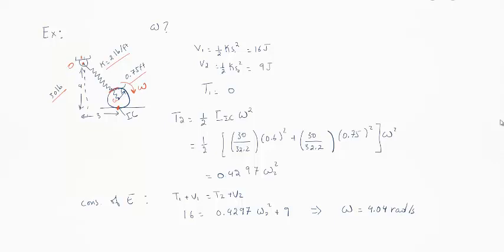Now the first thing to do is, what do we know? We have V1, which is 1/2 k s1 squared, so we have 16 joules. We have V2, 1/2 k s2 squared, 9 joules. Now T1 is 0 because it starts from rest, and T2 is, as we said before, 1/2 Iic omega squared.